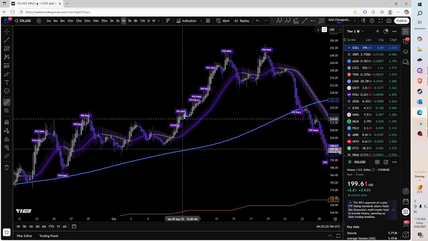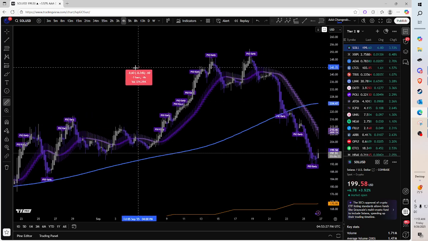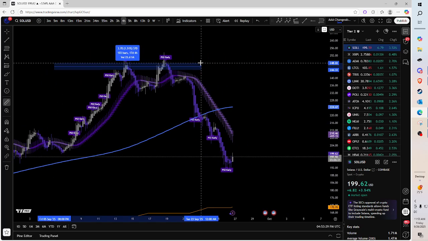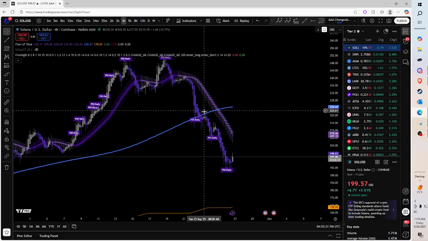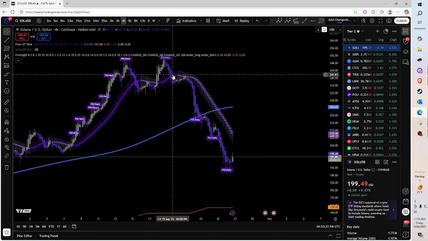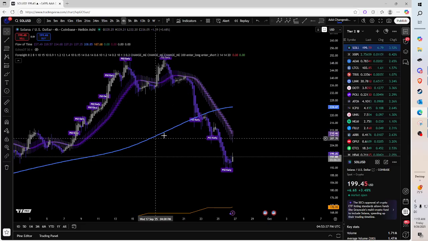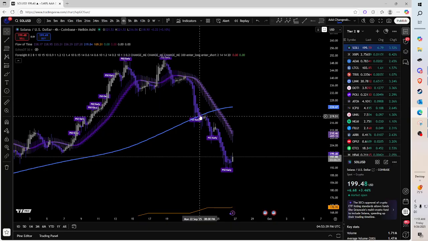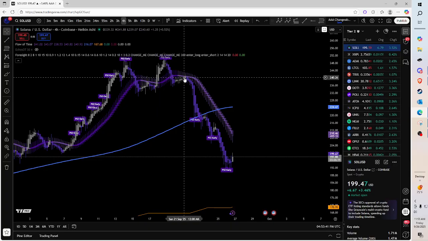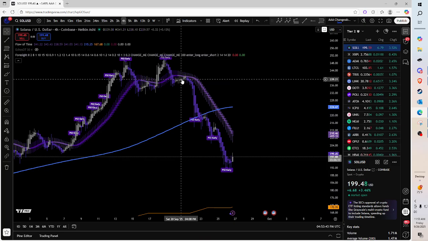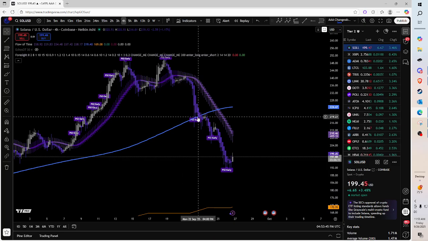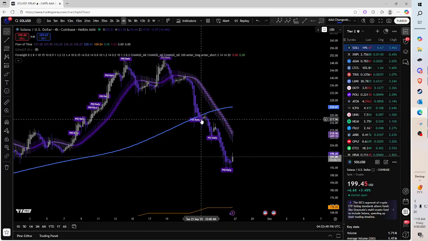So you can see how sometimes you will get this, and then sometimes you will get that. So right here, you get a good short, another good short. Right here, it just falls off a cliff, but look where it bounces. And then when it gets here, you get the oblivion cross. So you already know that it looks like you're going to go down some.